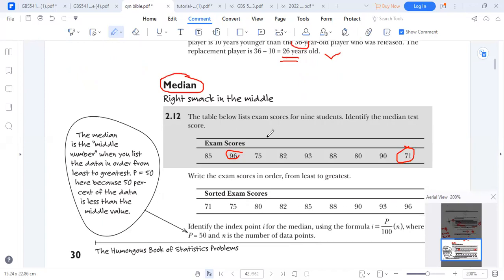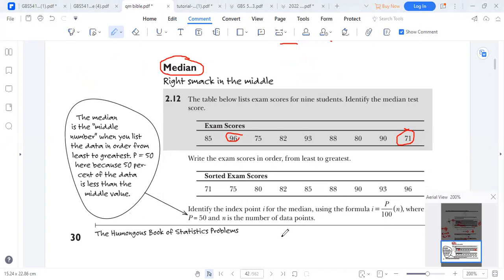They ask us now to find the median. The median is the 50th percentile, 50%. So you use the formula P over 100 times N. P is the percentage, the 50th percentile, and there are 9 scores. So we get 4.5.